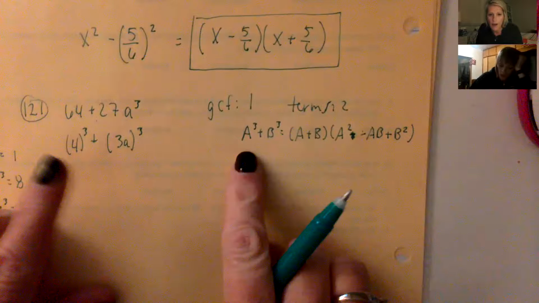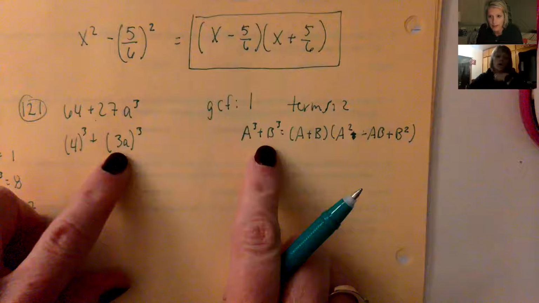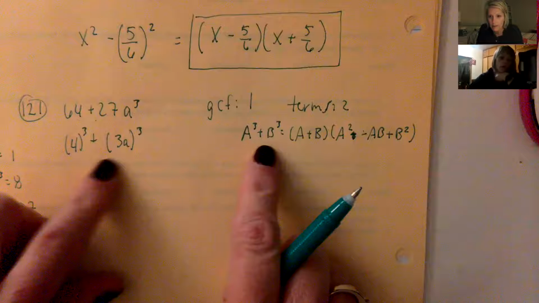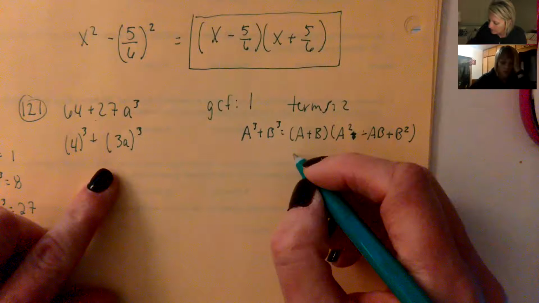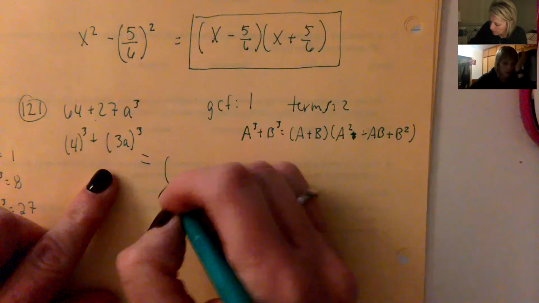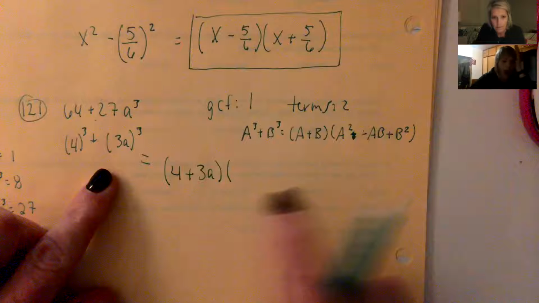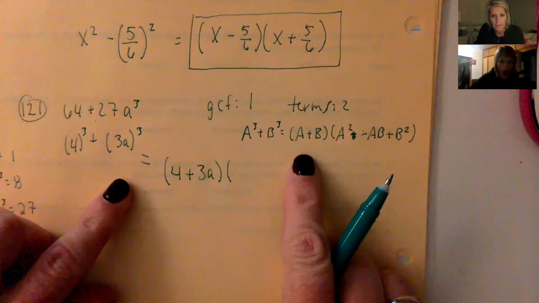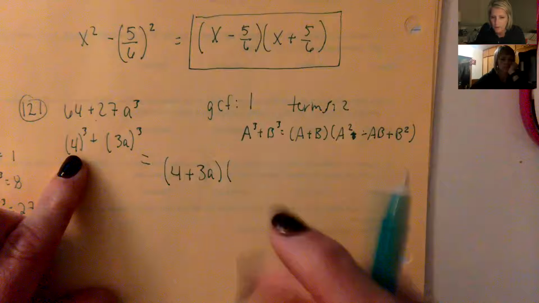So we have our A is a 4 and our B is this 3A thing. Just follow along with me. Ours is going to fall into the format of 4 plus 3A, and then our A squared. We'll worry about multiplying everything out in a minute.